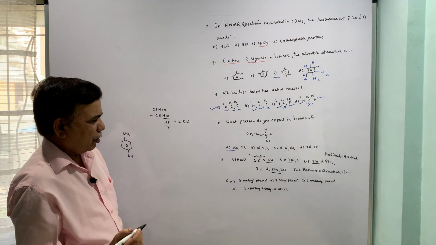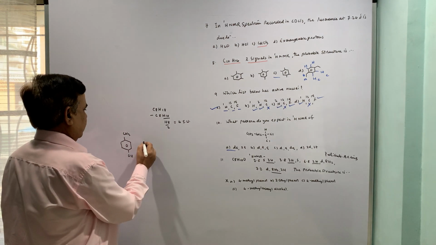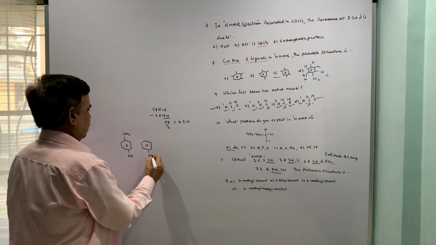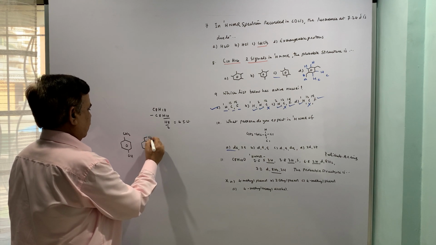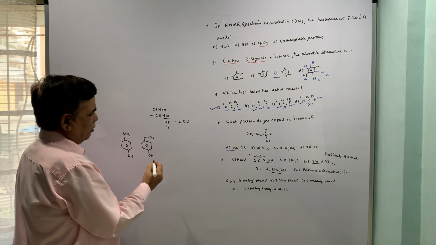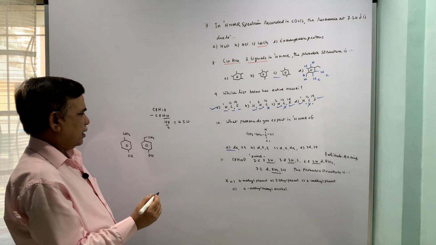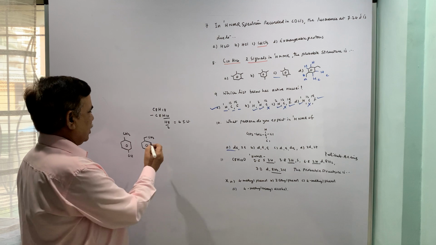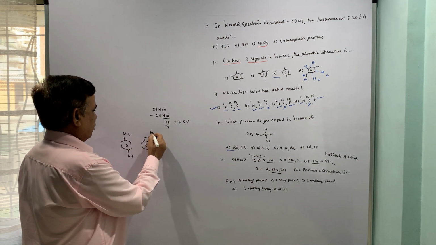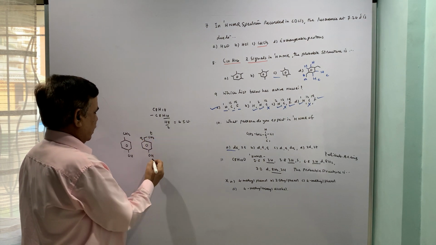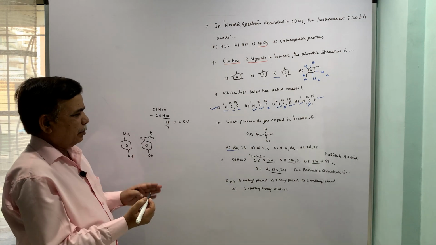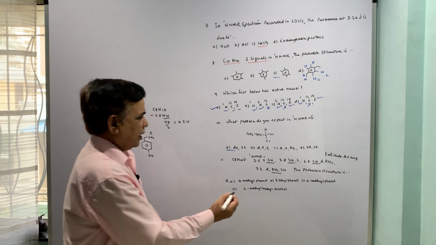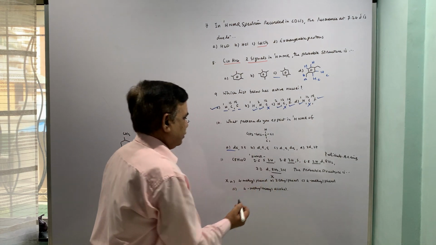Second one, 2-ethyl phenol. It is matching with the formula, but it is not giving the singlet pattern. Now, this will be triplet, this will be quartet besides the aromatic ring's pattern. So, even the second is incorrect.